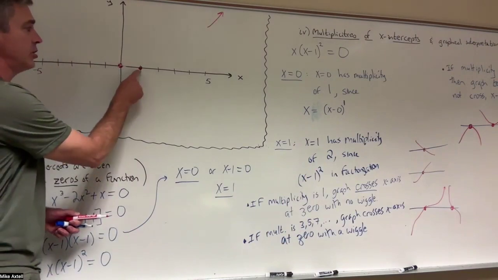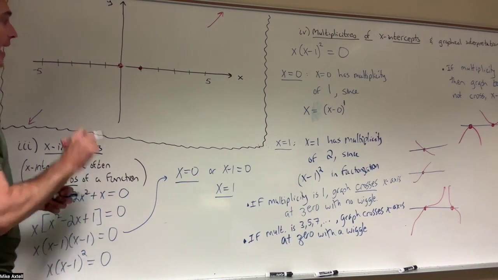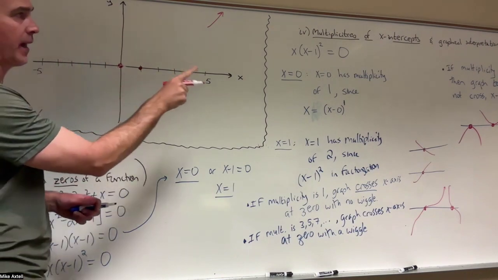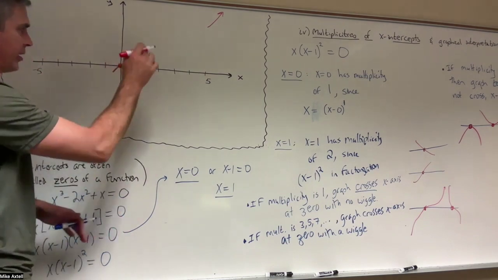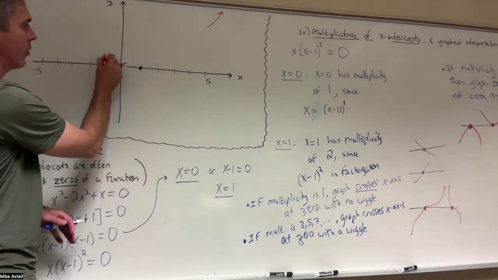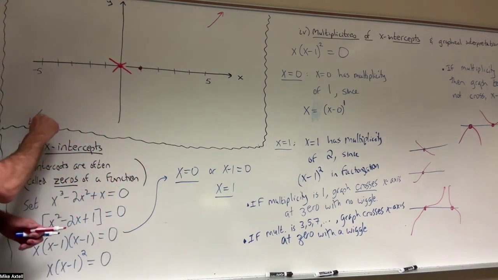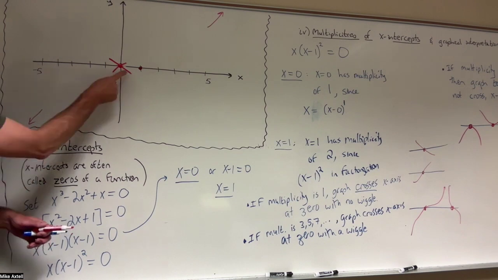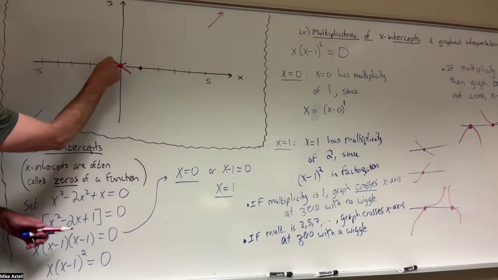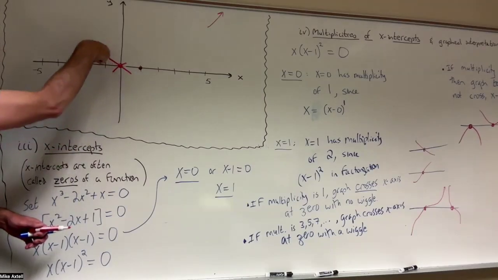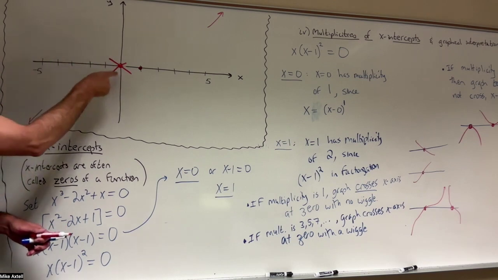I have to hit these 2 points. I have to hit my end behaviors. And for x equals 0, that had multiplicity 1. So I have to cross the x-axis with no wiggle waggle, just straight cross, either from low to high or from high to low. Okay, one of those 2 things has to happen. Now, I have to hit this end behavior. So there's no way I can do this upper left to lower right, because if I did that, to go from this quadrant down to this end behavior, I would have to cross the x-axis again.